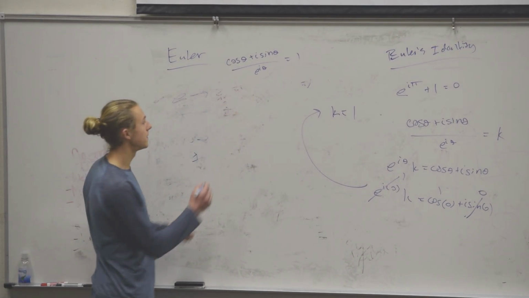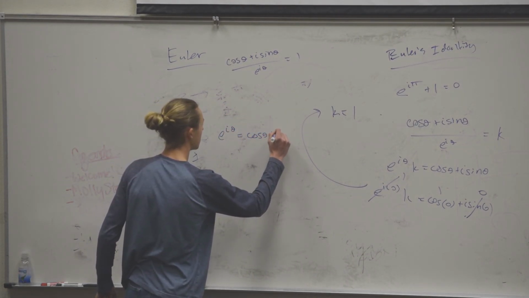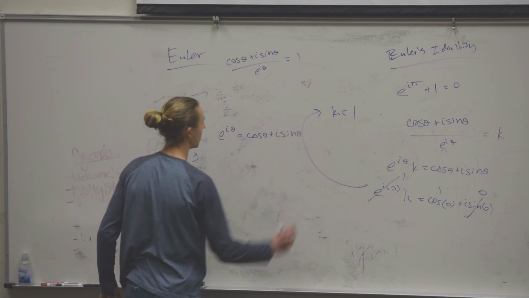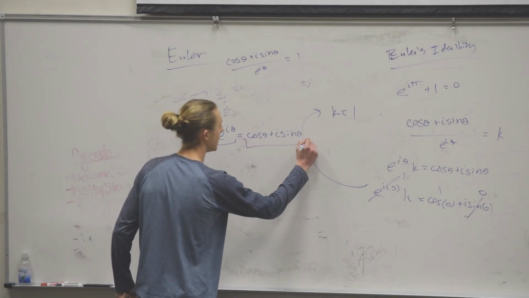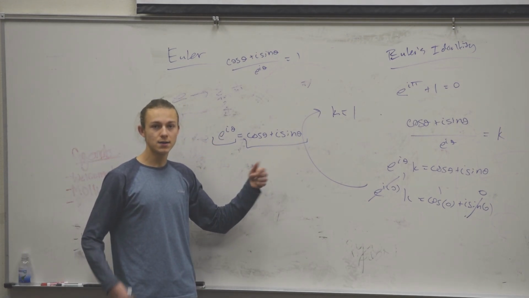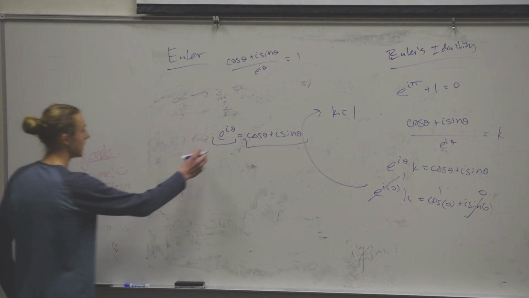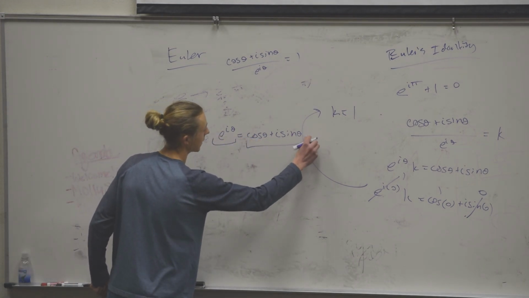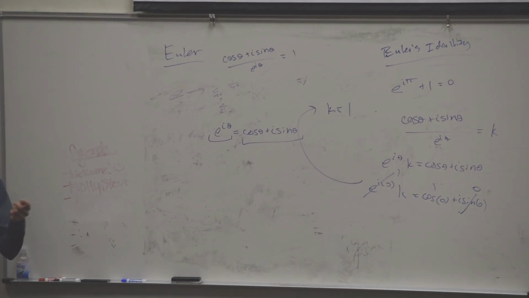And so I can rewrite this as e to the i theta is cosine theta plus i sine theta. And so now I have this weird relationship between my exponential in the complex plane and my sines and cosines in the complex plane. This is a relationship that's used a lot when we're dealing with Fourier series or whatever. Okay, does that make sense so far?